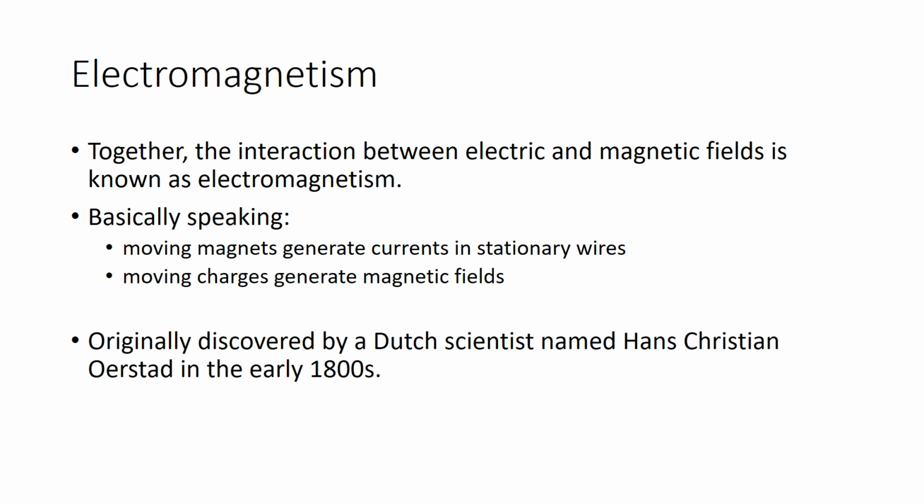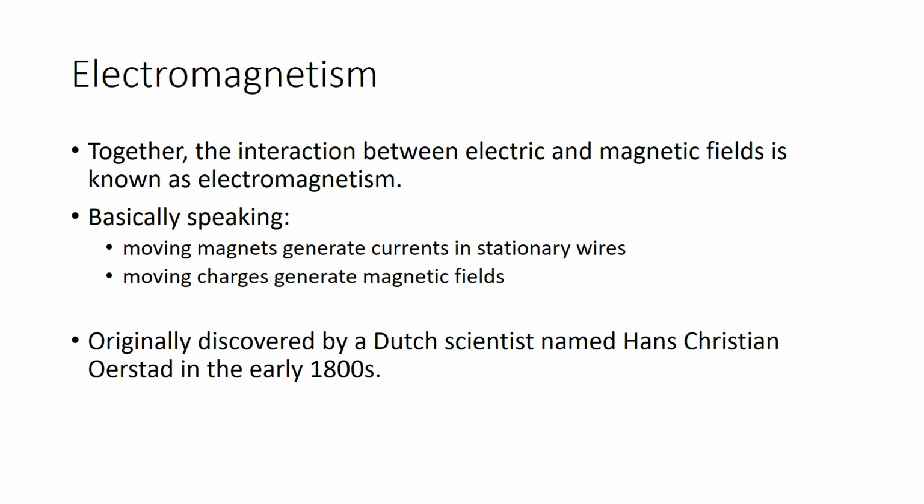Now, magnetism, there we go. Tough word to say. Together, the interaction between electric and magnetic field is known as electromagnetism. Holy cow, I'm having a tough time with that word today. Basically speaking, moving magnets generates current in stationary wires.